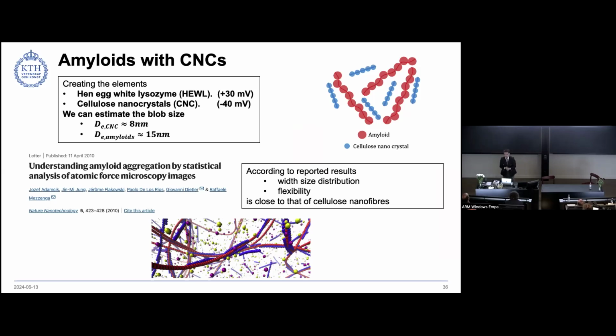And of course, the amyloids had some flexibility and size distribution. For finding those distributions and details for designing the amyloids, I have used this paper. And interestingly, except for the width a little bit, everything else, even flexibility, looks close to cellulose nanofibers.